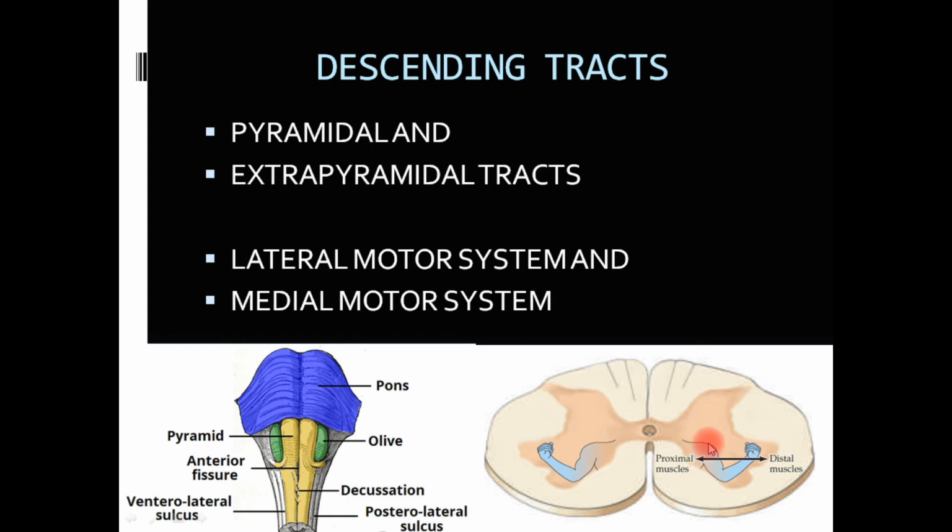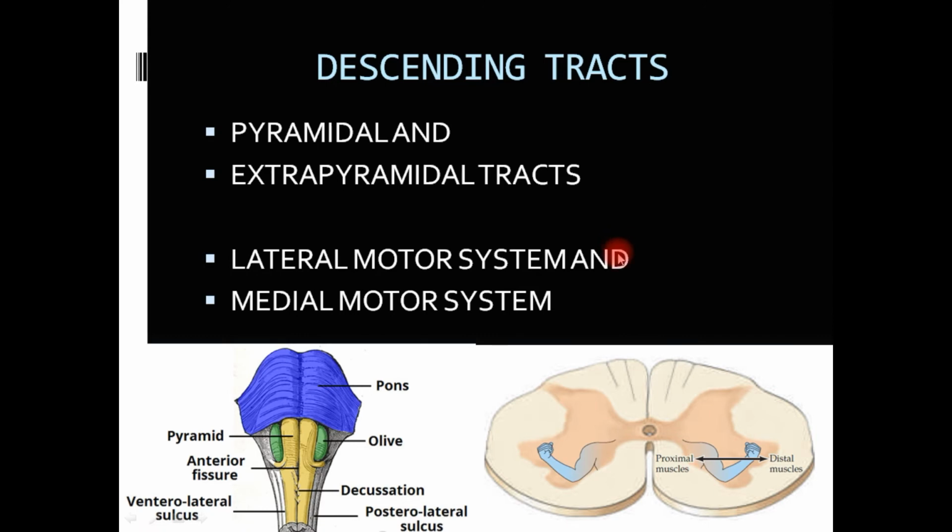So the descending tracts which supply the neurons whose cell bodies are located laterally are called the lateral motor system. Once again, the descending tracts which supply the distal muscles, located laterally in the spinal cord, are called the lateral motor system, whereas the descending tracts which supply the muscles supplied by the neurons present medially in the spinal cord are called the medial motor system.